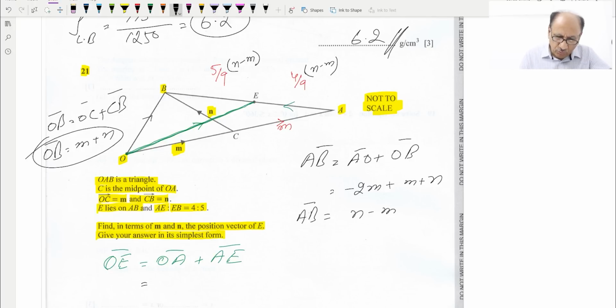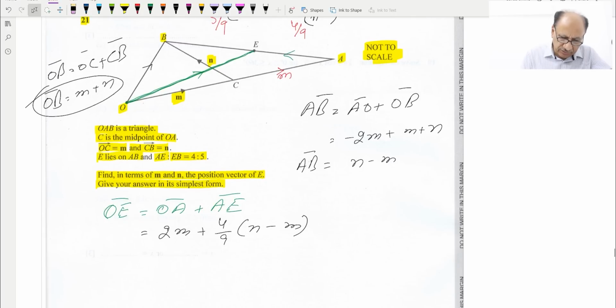OA, we know OA is 2m, plus AE. AE we have 4 by 9 of n minus m, and we can open the brackets, and this will be 2m plus 4 by 9n minus 4 by 9m.